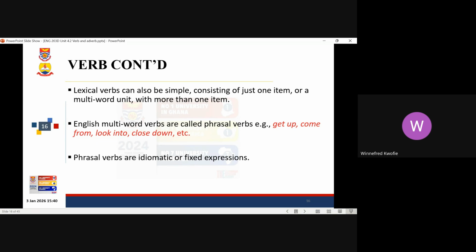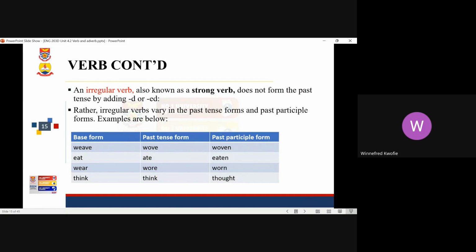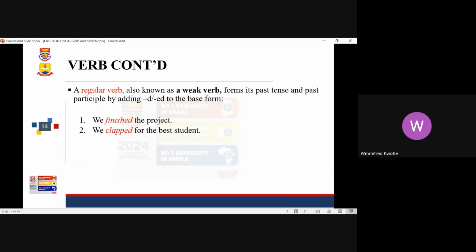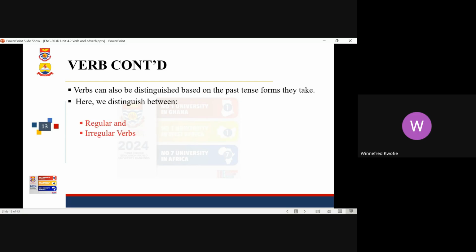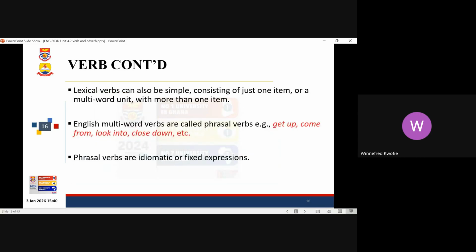Okay, so we are looking at... Since I've skipped the slide, okay, so I think that is it.